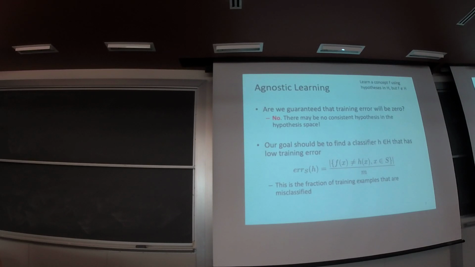Because suppose a target function is outside of the hypothesis space, no matter how powerful your learning algorithm is, you can always find some mistake in prediction. So your training error cannot be zero. But our goal is still to find a hypothesis in the hypothesis space that has as low a training error as possible. So what is training error?